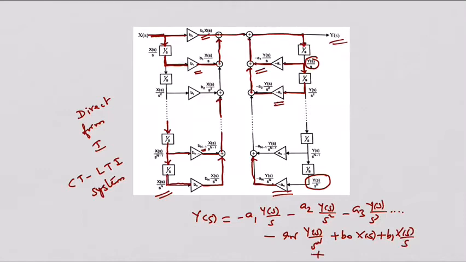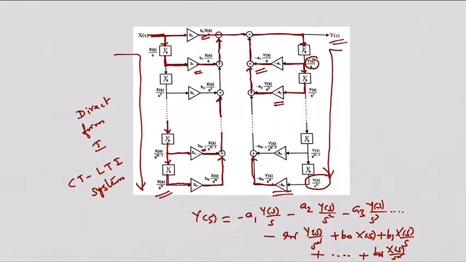Like this, you will go up to, say for example, the last component of this x of s branch, which will be bn for an nth order system, so x of s by s power n, right? X of s goes via this chain of 1 by s modules, whereas y of s is passed via these 1 by s modules like this.